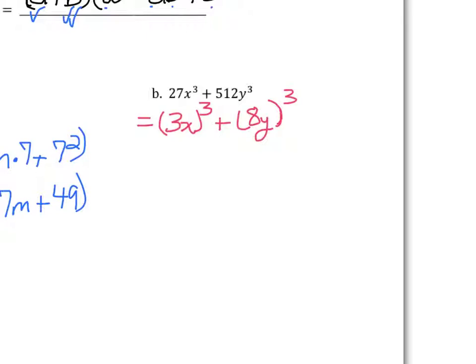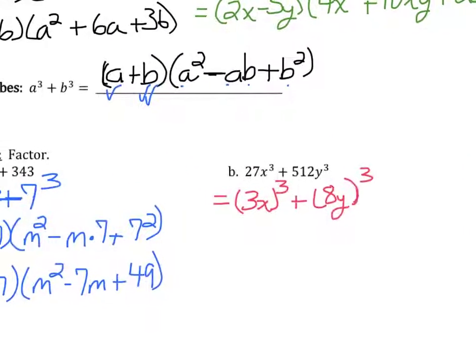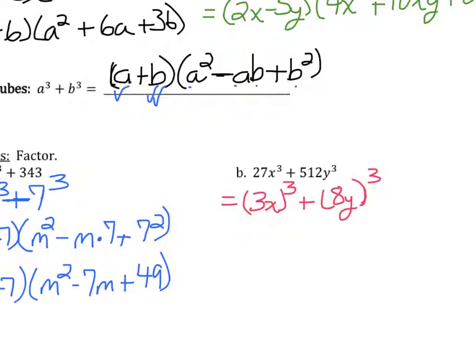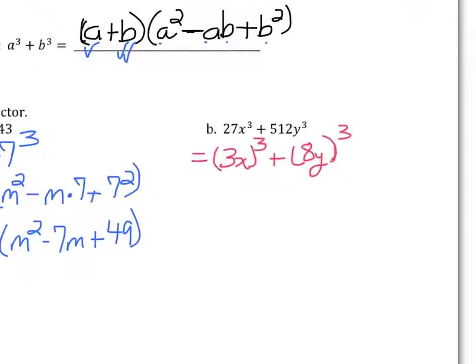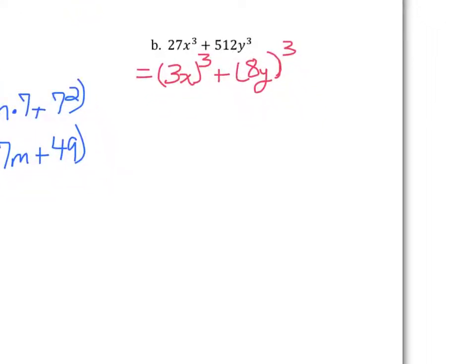Notice that they are all cubed, meaning we have our a cubed plus b cubed from our formula up here, right? And so I'm going to put the 3x in the place of a in these 3 locations, and I'm going to put the 8y in the place of b in those 3 locations. And when I do that, I'm going to get something that looks like the following.